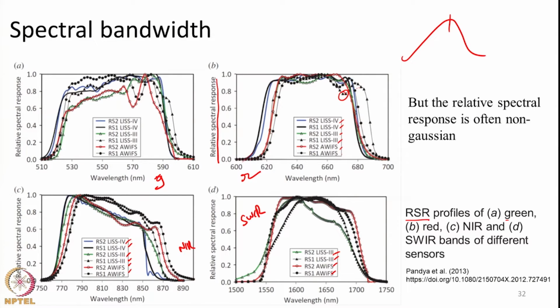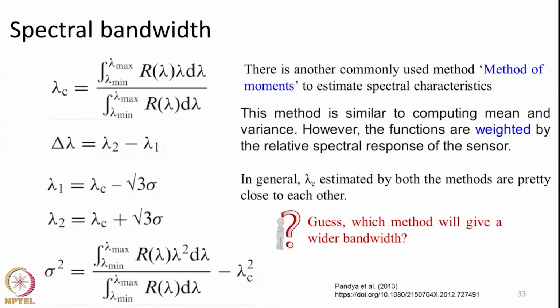So, ISRO scientists used a concept known as the method of moments in order to define the spectral bandwidth. We are not going to go into the details about the method of moments.